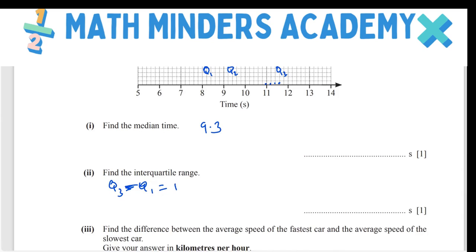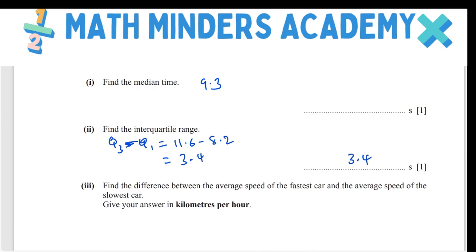So we have 11.6 minus Q1. If you look at it, this is 8, this is 8.2. So we have 8.2. And look at that, it gives us 3.4. All right. So we'll write 3.4 and proceed.